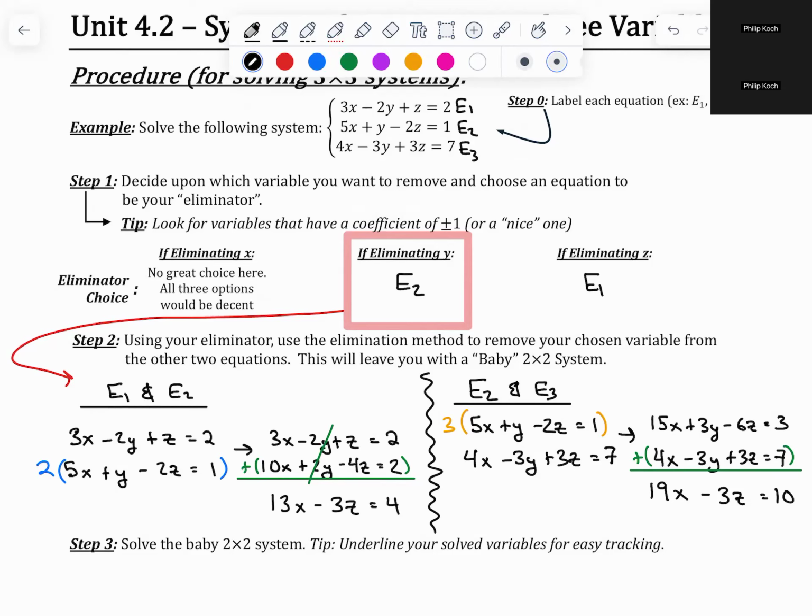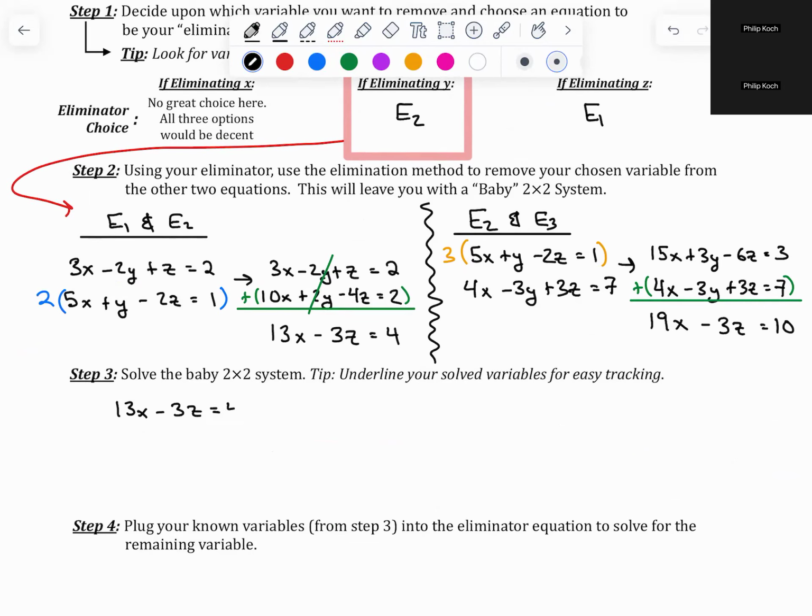So we have 13x minus 3z equals 4, and 19x minus 3z is equal to 10. I would not recommend using substitution, but you could if you wanted to. And I would recommend elimination, and I would recommend eliminating z because they already have the same number. They just need to have opposite signs. So we can either multiply the top one by -1 or the bottom one. It doesn't matter.